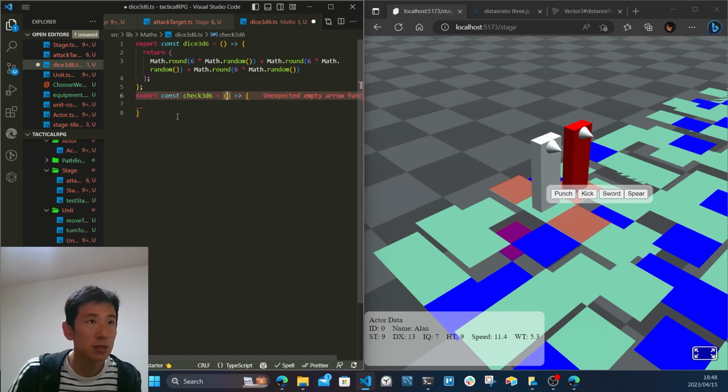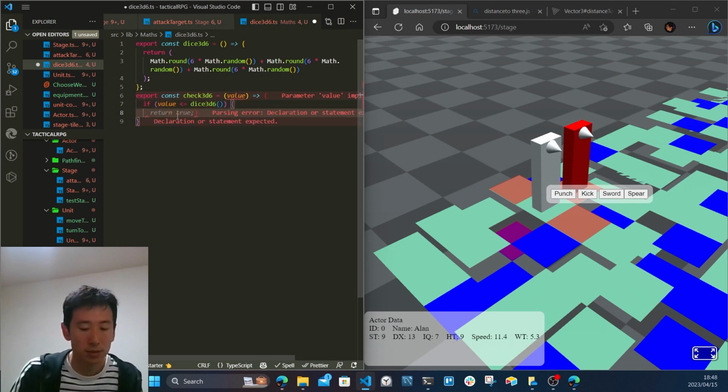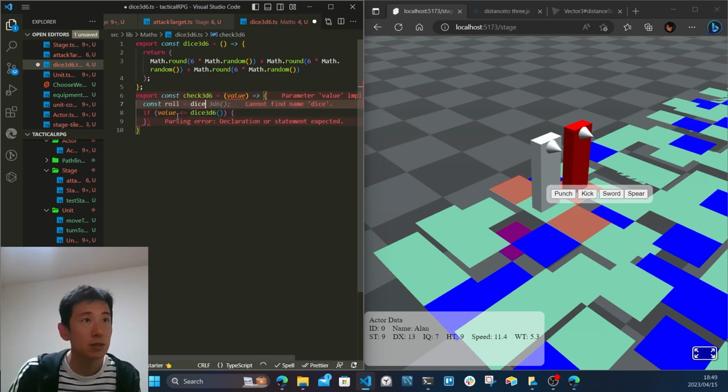It takes the target value, and if the value is less than or equal to the dice 3d6 roll, then it's a success, and if not, it's a failure. What it's going to return: const roll is dice 3d6, right?